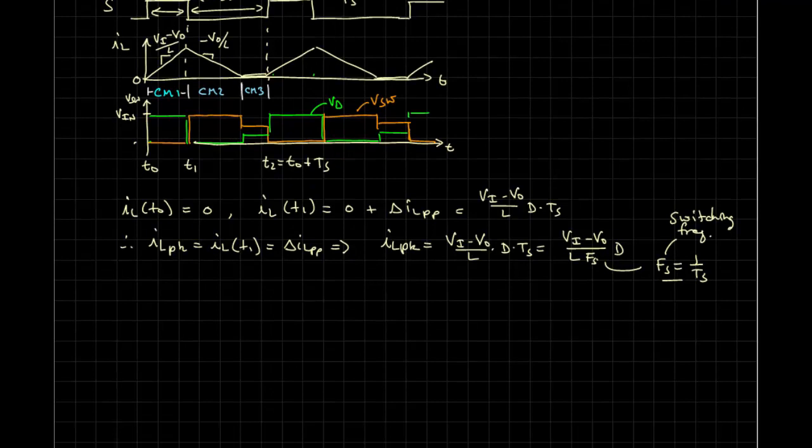So we know what the peak current is, and we need to know, okay, I need to clear up that time 2 is no longer, we need to redefine time 2. Okay, and time 3 is the one that's equal to time T0 plus Ts. So what is time T2?